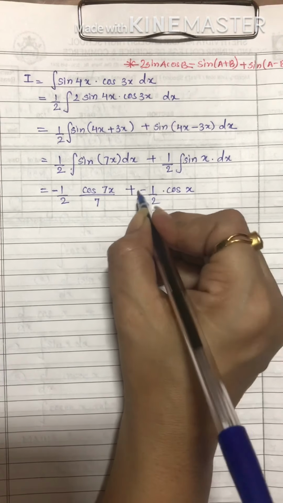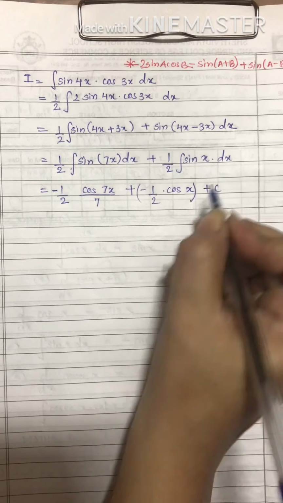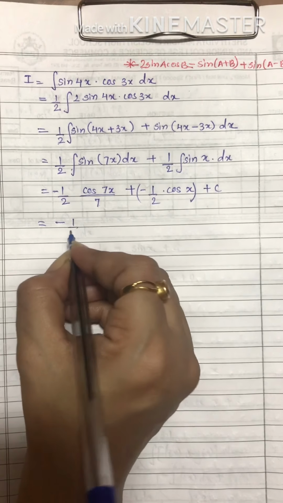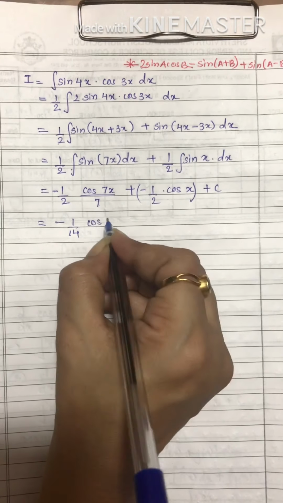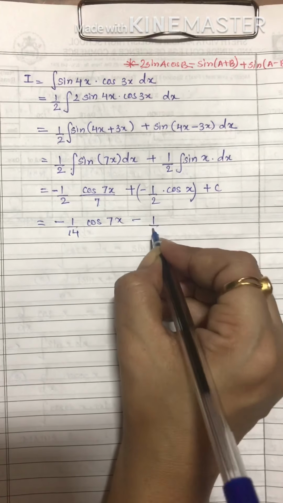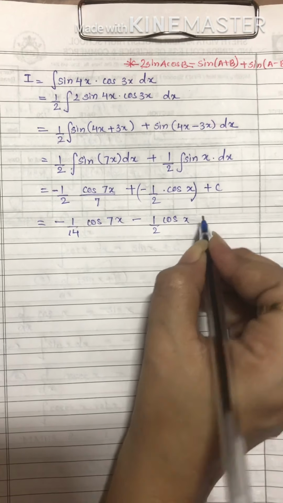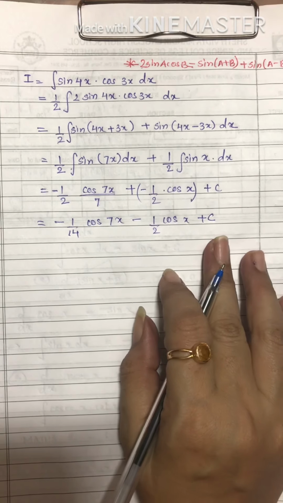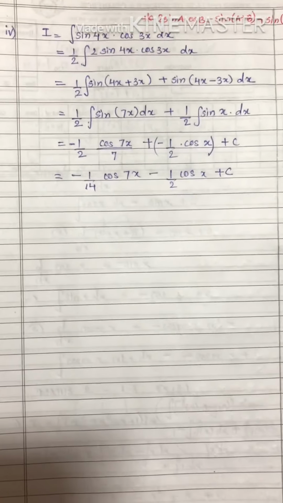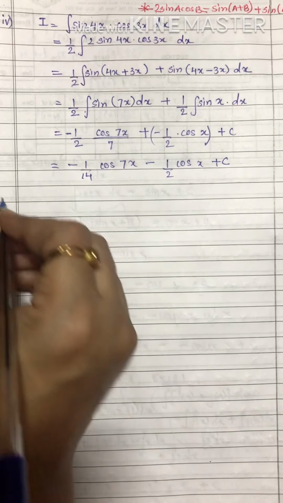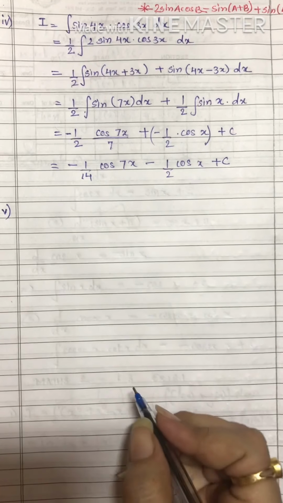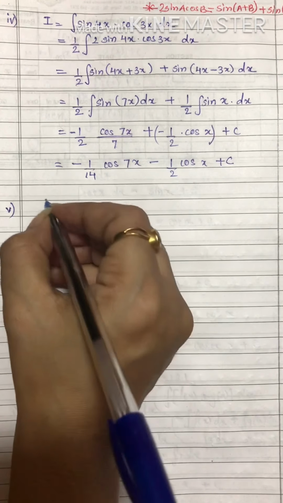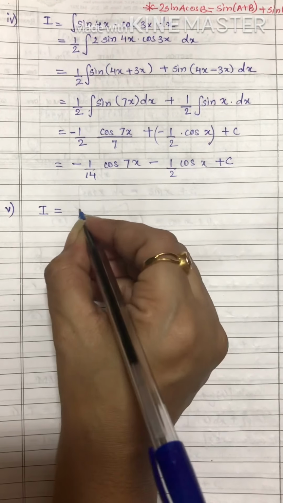Again here you need to take a half, plus C. So the answer is minus, I will multiply this, I get 1 upon 14 cos 7x minus 1 upon 2 cos x plus C. Okay, see the sums are so easy, right? I hope you're getting all the sums. Now quickly let's move further. This is going good. Keep on solving with me, and you will be the best in each and every sum.